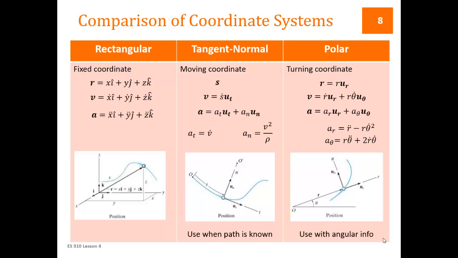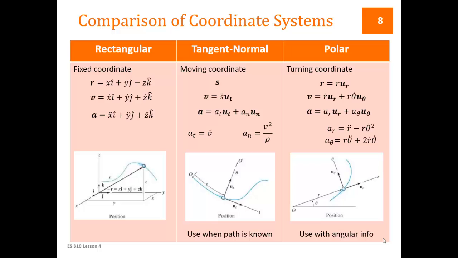All right? The polar or cylindrical coordinate system turns with the particle. So it's fixed, but as the particle moves along its path, the coordinate system turns to always point at it. So the r is always in the direction outwards from the origin, and the theta is always in the direction of a counterclockwise angle.